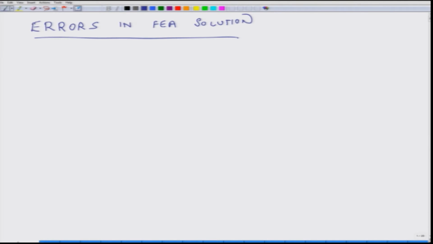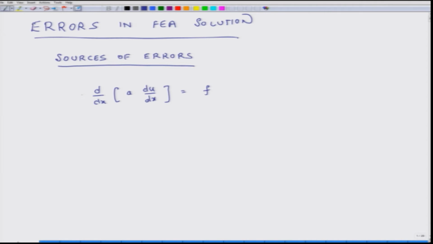Now, first we will look at different sources of errors. Suppose we have a second order differential equation, and let us say this differential equation is d by dx of A du over dx is equal to f.